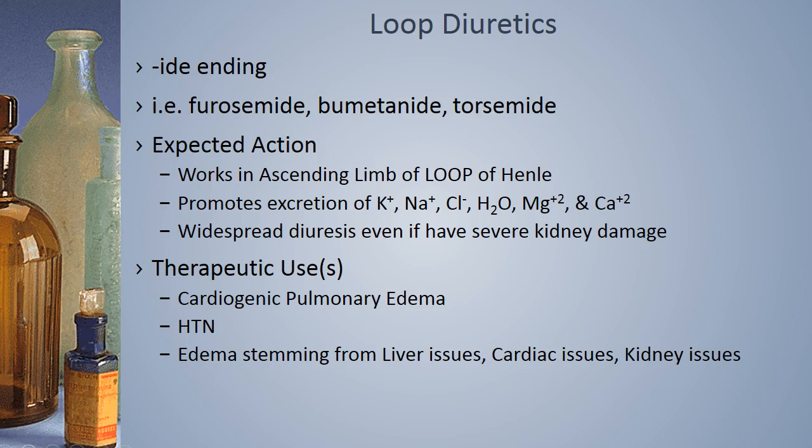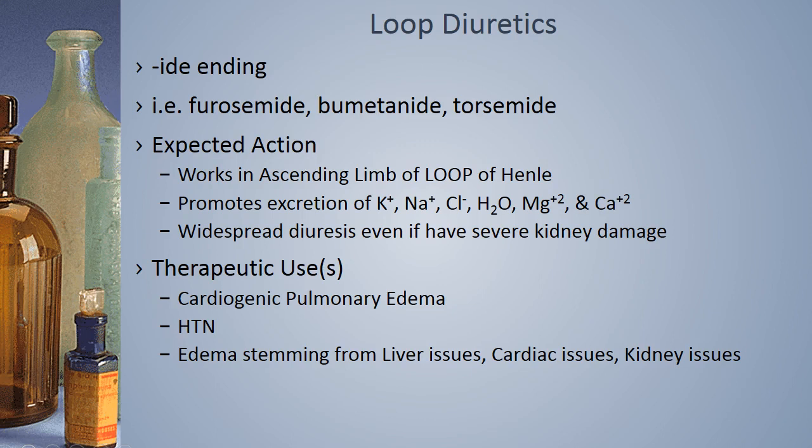Your expected action is it works in the ascending limb of the loop of Henle, which is why it's called a loop diuretic. It's going to promote the excretion of pretty much all your electrolytes, and you have widespread diuresis even if you have severe kidney damage.